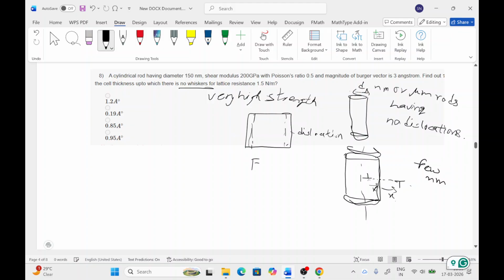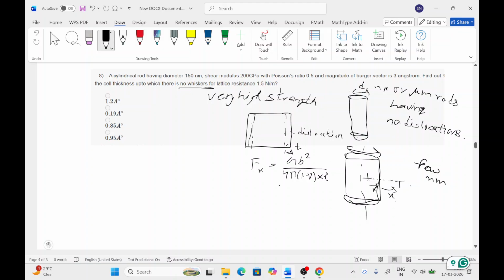So this force is given as Fx equals G b squared divided by 4 pi (1 minus nu) into T. T is the thickness of this region.